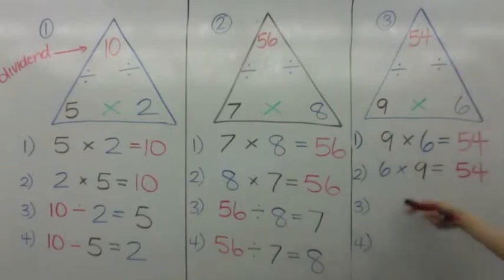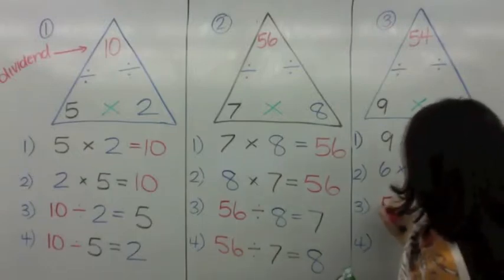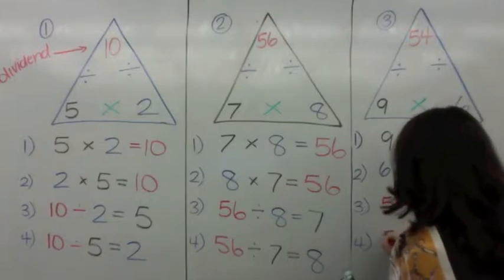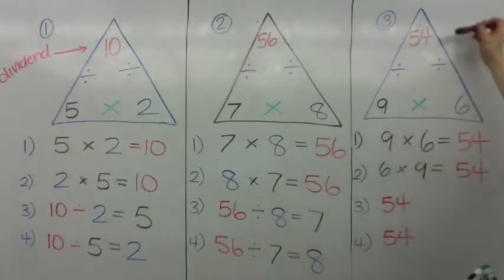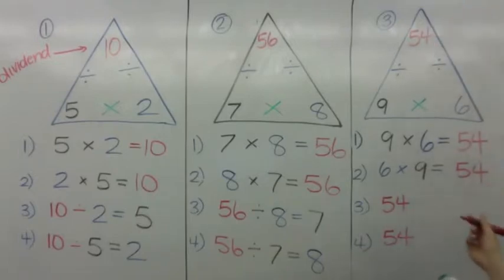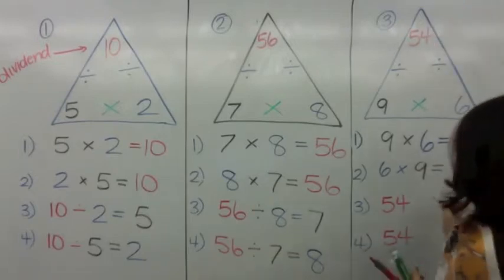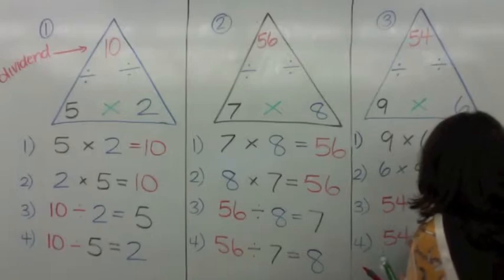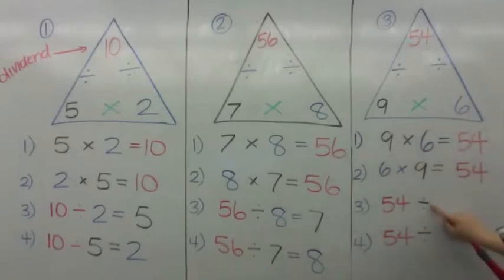And for the last 2 problems, we're going to start with the top number because we're going to do division. And what is this number called again? It's called the dividend. All right? So we're going to create 2 problems. The division sign looks like this.